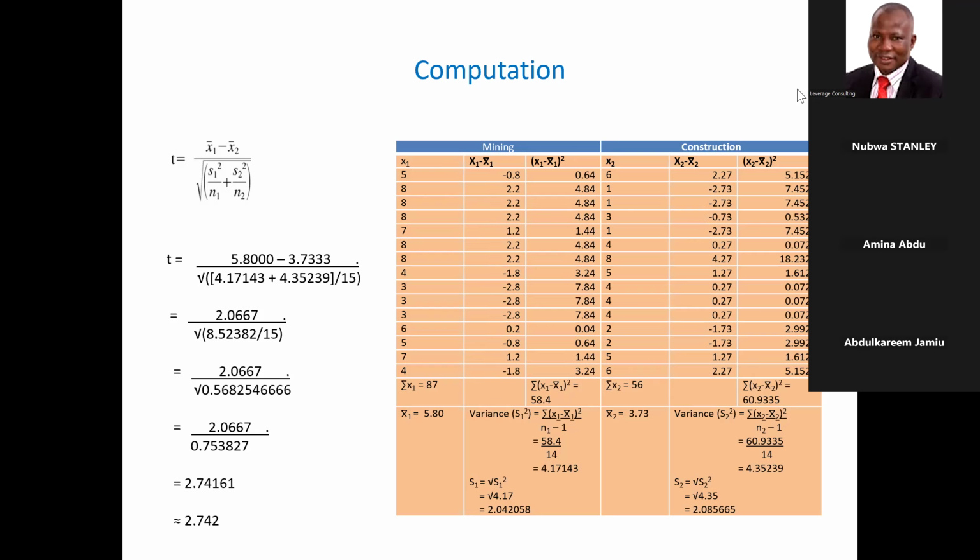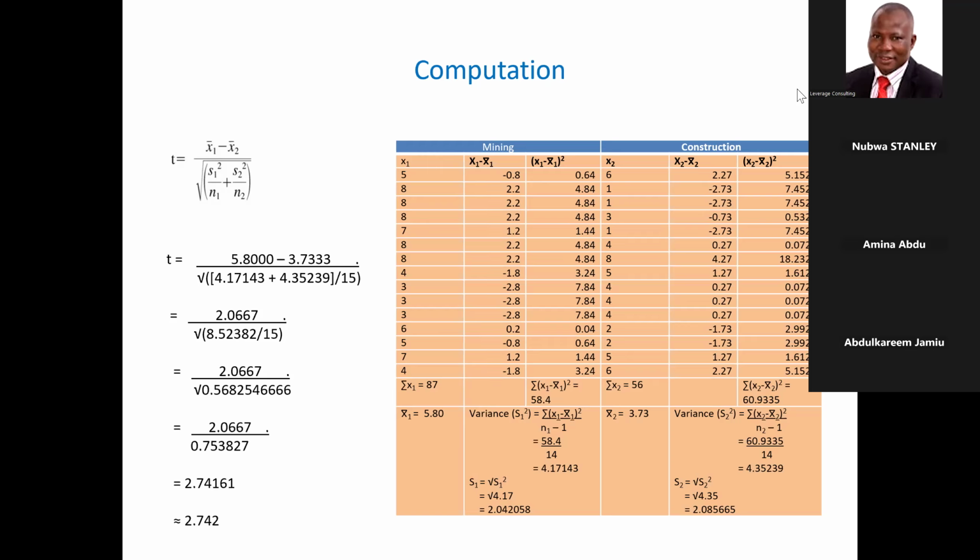So let's look at the mining. For mining, if you list the values as X1, that is group 1, mining, sigma X means you add all the values together. For the first group, mining, the sum is 87. If you divide that 87 by 15, the mean will be 5.8.